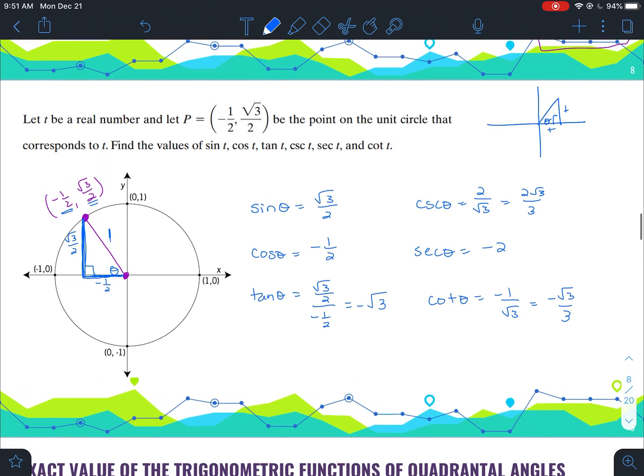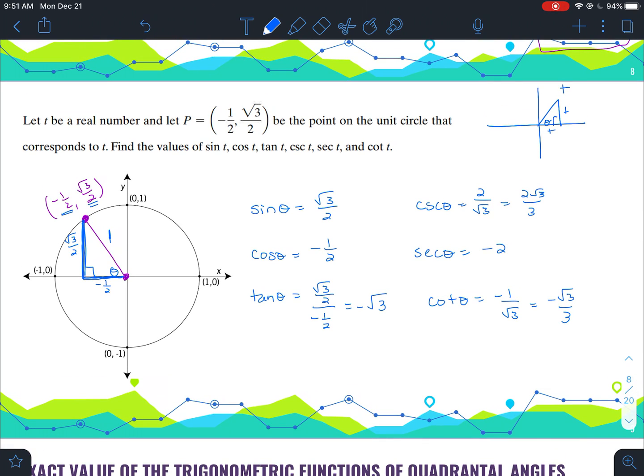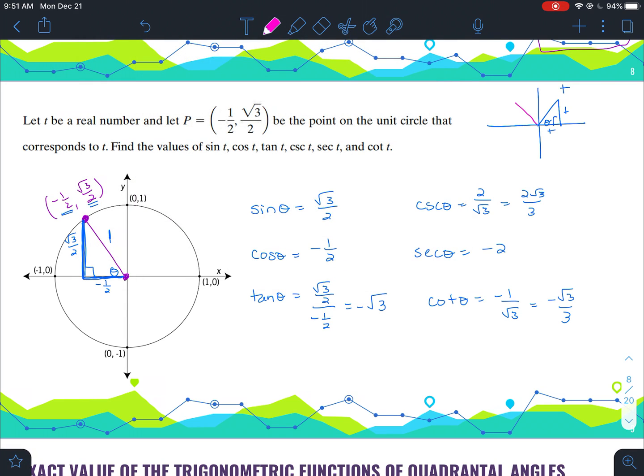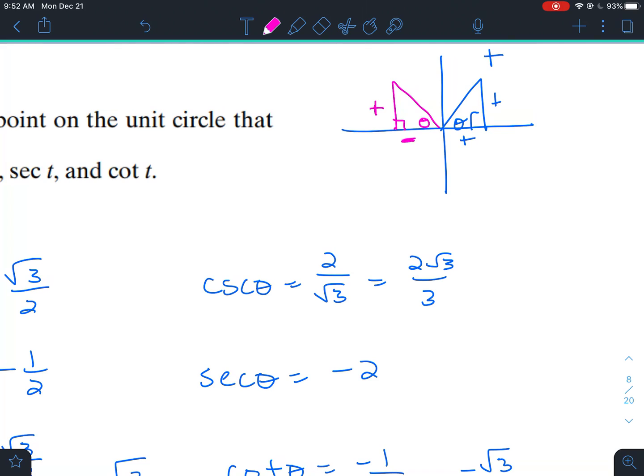Now, something to keep in mind when we're doing this. When you make your triangle in the first quadrant, notice that my x values are positive and my y values are positive. So all of my sine, cosines, and tangents are going to be positive in that first quadrant. If I make it in the second quadrant, my x's are negative and my y's are positive.